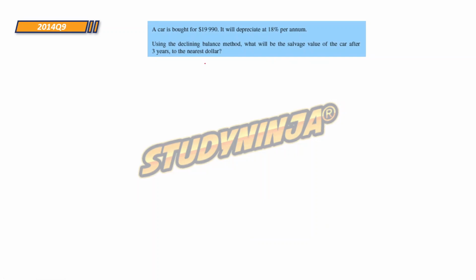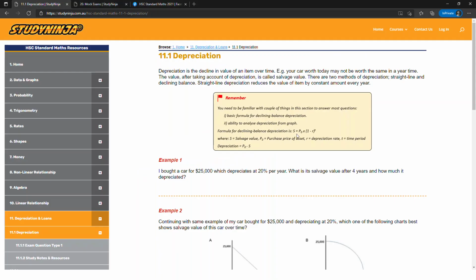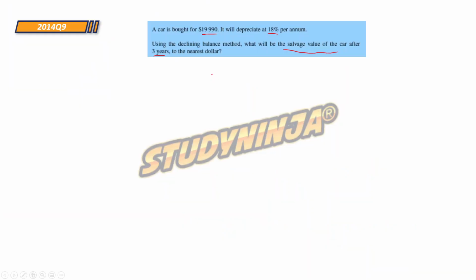2014 question 9. You're told a car is bought for 19,990 and it will depreciate at 18% per annum. And you're asked to calculate the salvage value of the car after 3 years. So it's a straightforward application of the formula. So I'll take this formula again here.